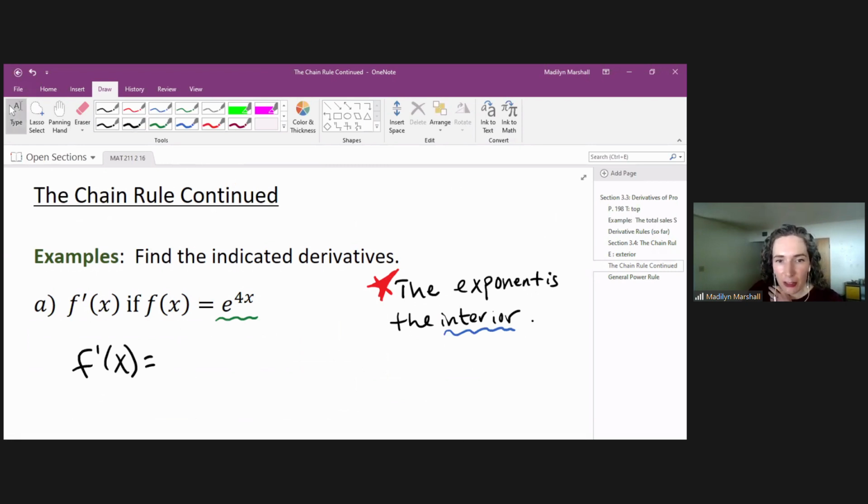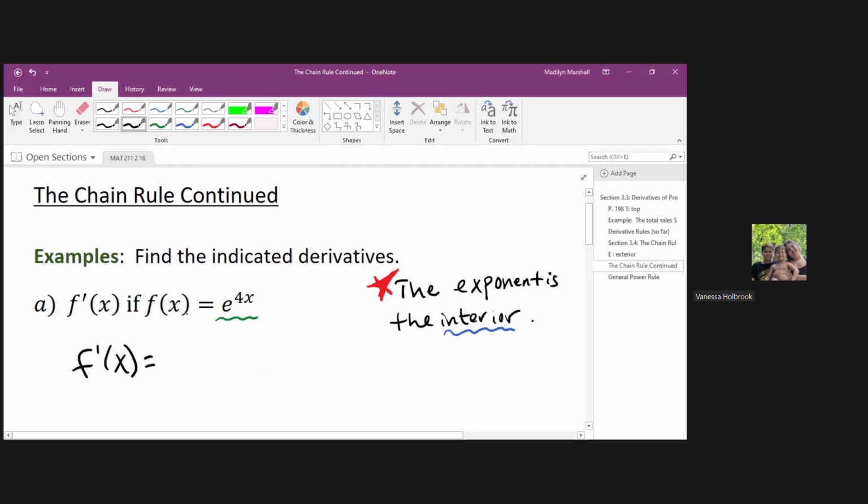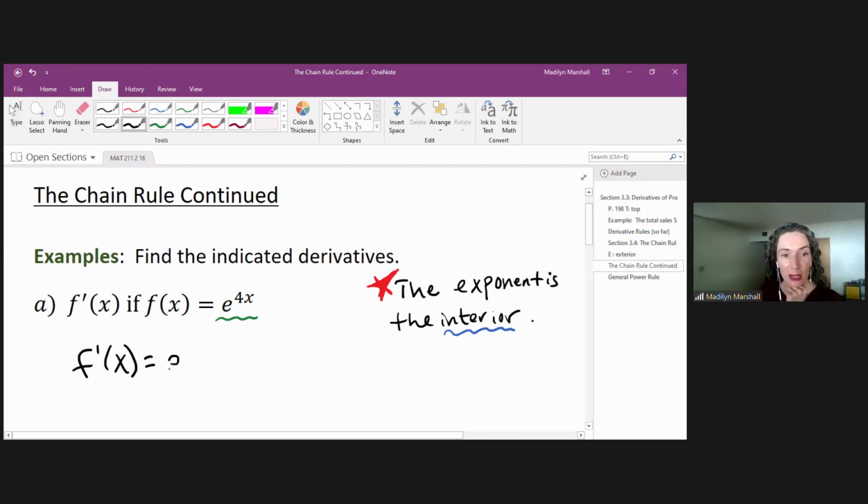What is the derivative of e raised to a power? The same, exactly. So no matter what that power is, e raised to a power is just itself. So this little bit so far is that derivative of the exterior.